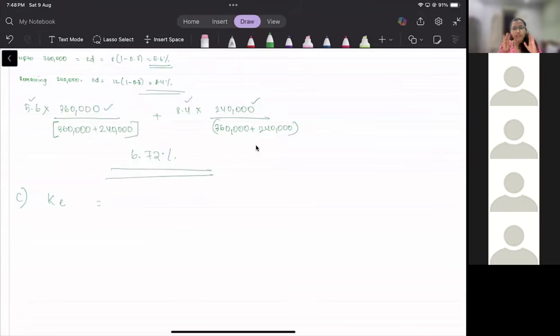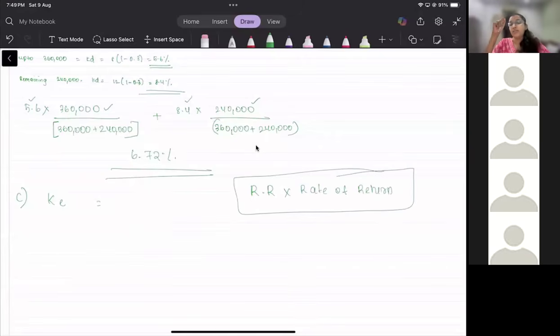So we understood that we have to use the dividend model. And then how can we come to a conclusion that we have to use the growth model? Because in the question, they have given us retention ratio also. They have given us rate of return also. See, this is an important thing which some students miss out in the exam.